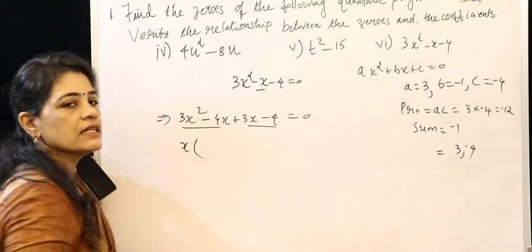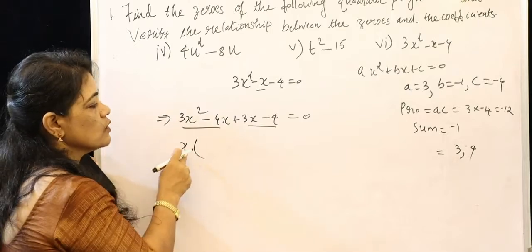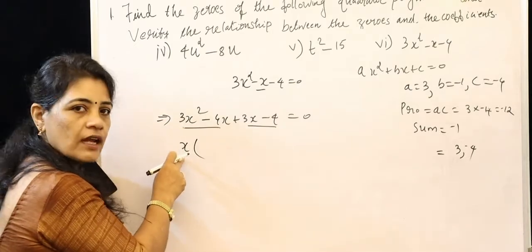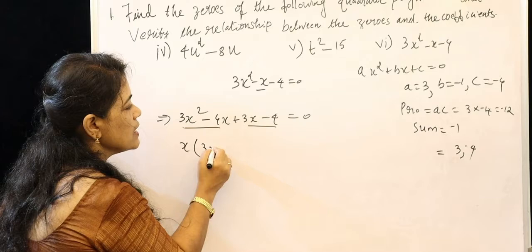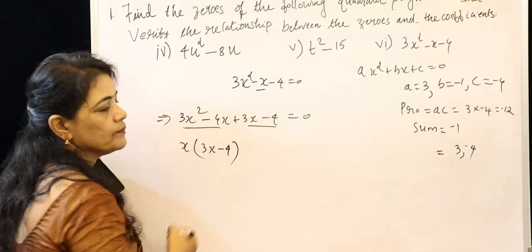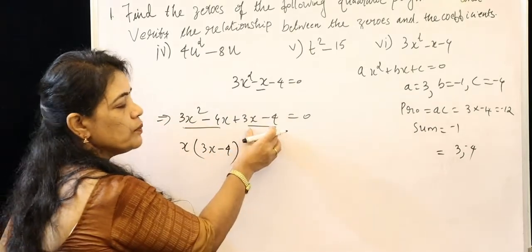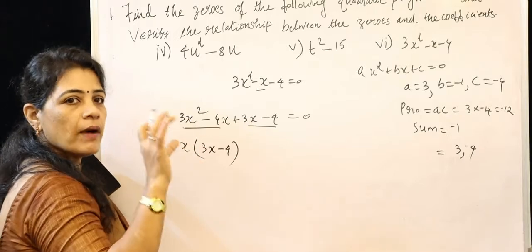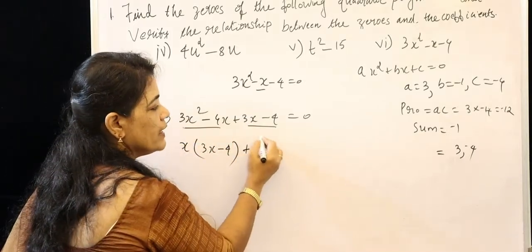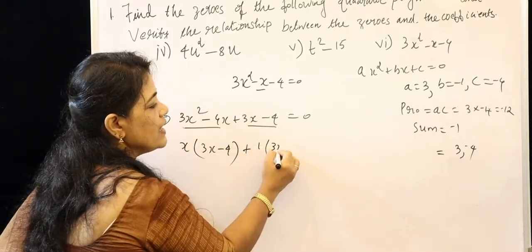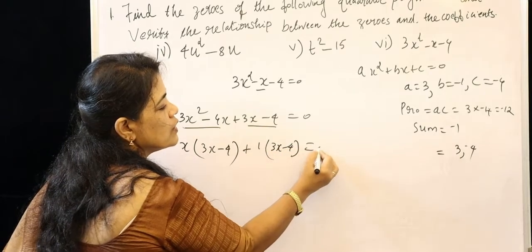So I am taking x outside. So 3x square by x, divide each term with the number outside, gives 3x minus 4. See the second group, children, the 3x minus 4 you can keep as it is by taking 1 outside. So 3x minus 4 equal to 0.